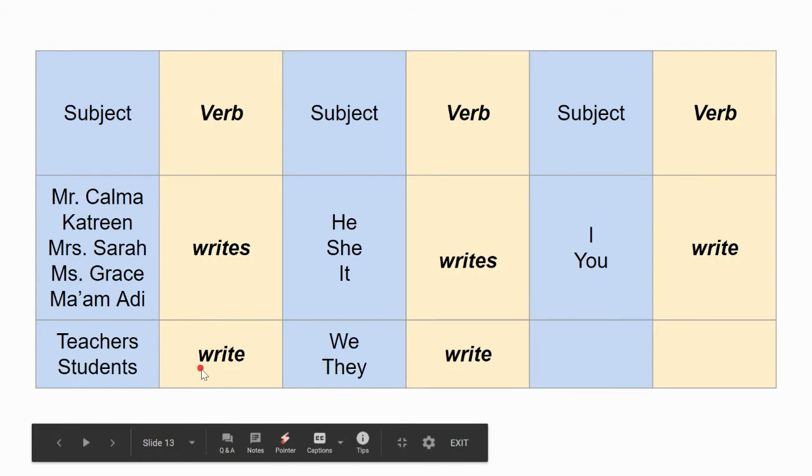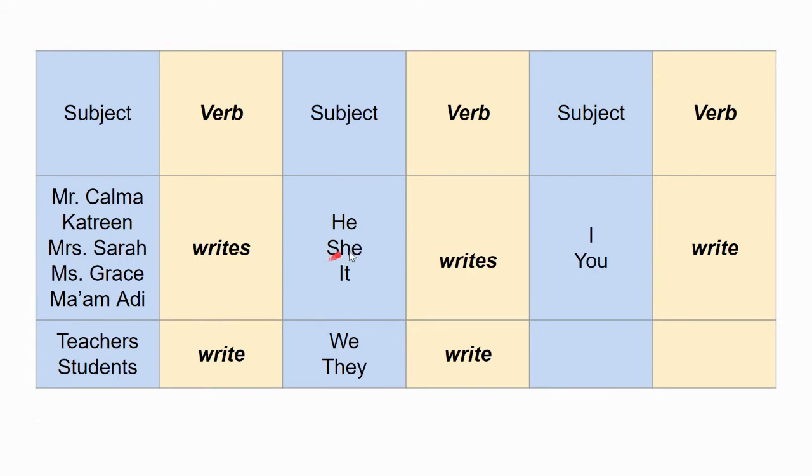Teachers write. Students write. For pronouns, by the way, a pronoun is defined as a word or phrase that is used as a substitution for a noun or noun phrase. Examples are he, she, it.